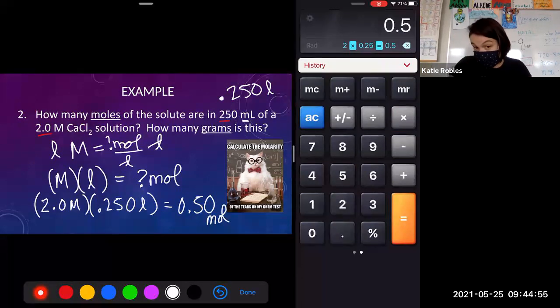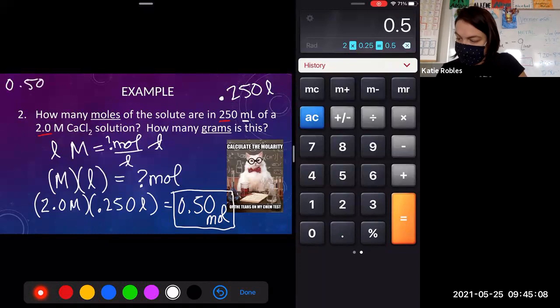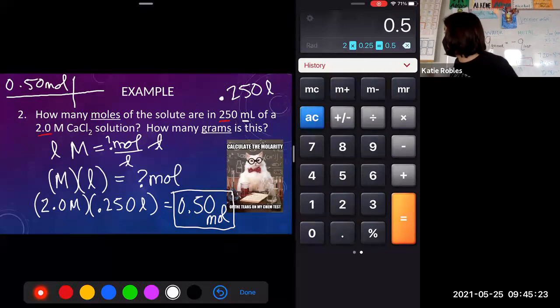Now I'm not quite done yet because it wants to know also how many grams is this. So this is the answer to the first question, but I also want to know how many grams. So I have to go through and convert 0.50 moles that are in this solution. What I'm looking at is calcium chloride, so I need to go to my periodic table.